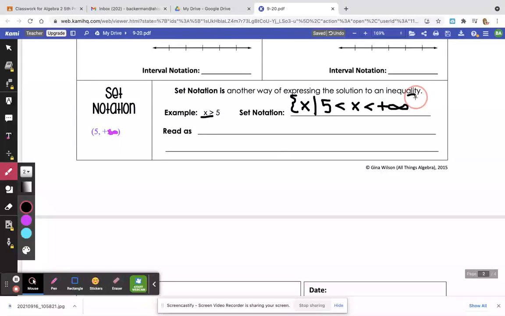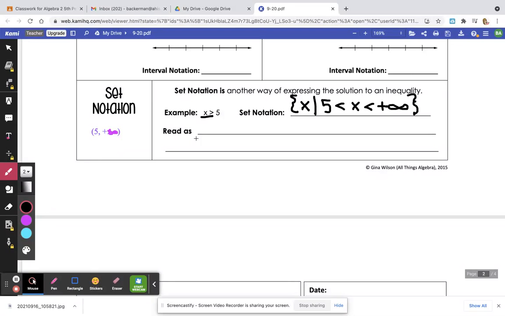And then you end the fancy little bracket. And so this is the way we write this. And the way we read it is x such that 5 is less than x less than positive infinity. Okay. We don't use this notation as much. We definitely like interval notation more, but it is good to know the 3 different ways to write it.